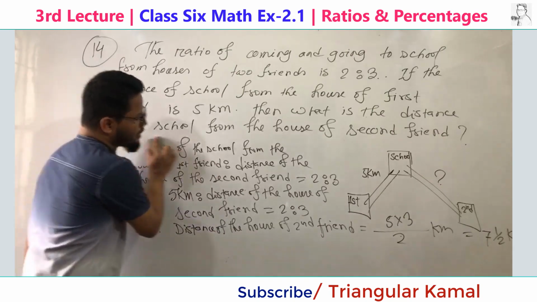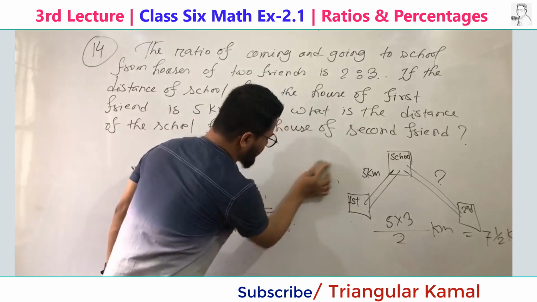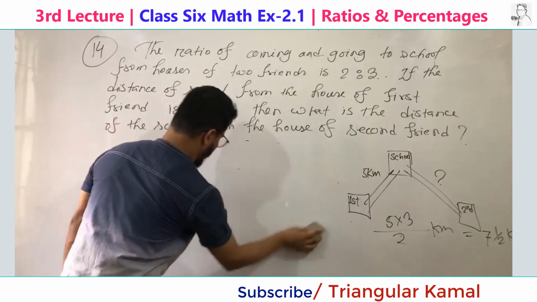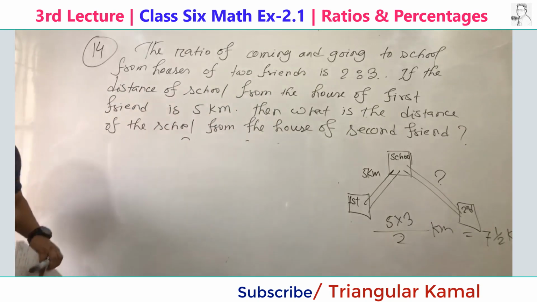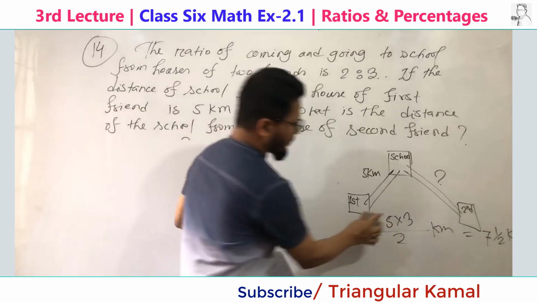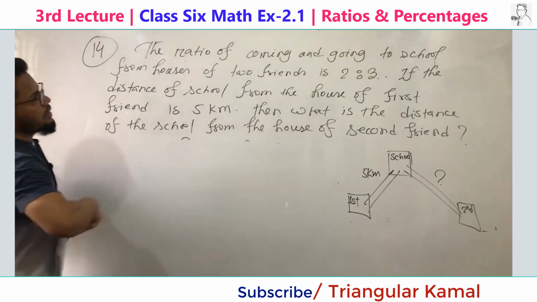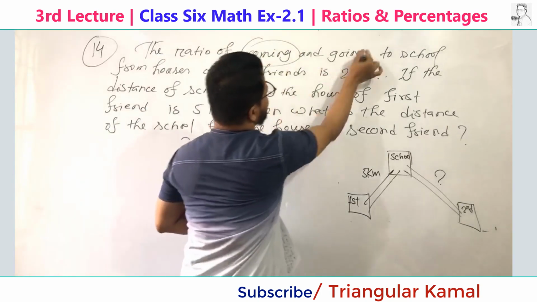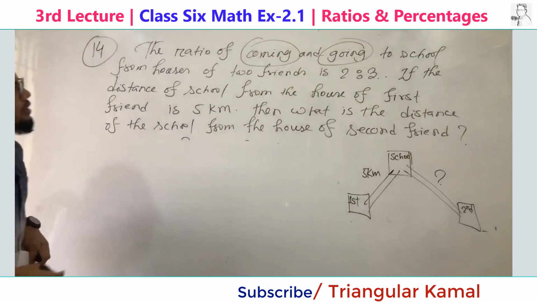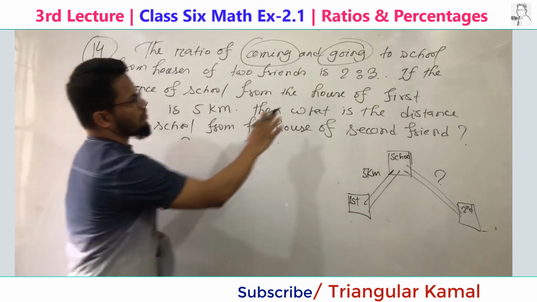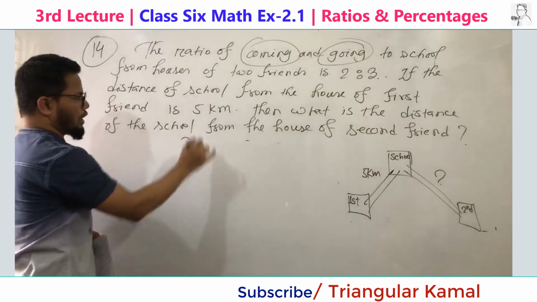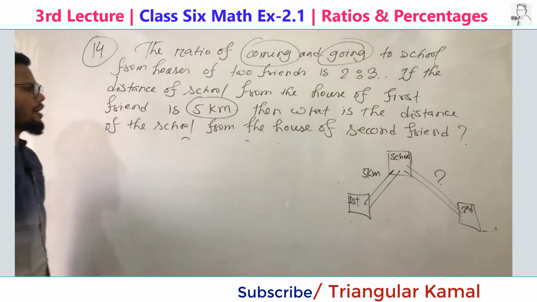I will discuss this one by using another method, basically what is written in the question. Give attention. This coming and going distance is the ratio 2:3, but only one distance is given here, 5.